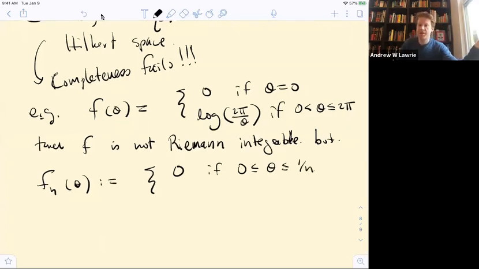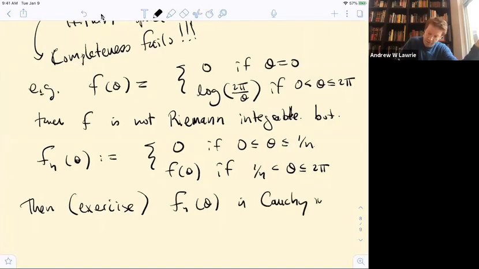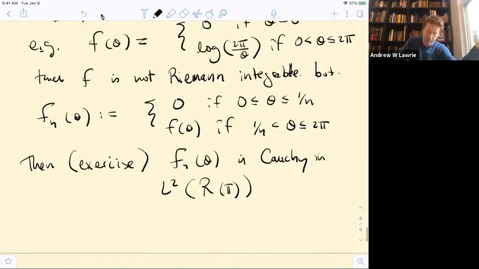If I make the function identically equal to 0 up to 1 over n, and I make it equal to f of theta if theta is greater than 1 over n, maybe with strict inequality at this endpoint, then this is an exercise. f_n of theta is Cauchy in L2 of the Riemann integrable functions. But f is not Riemann integrable.